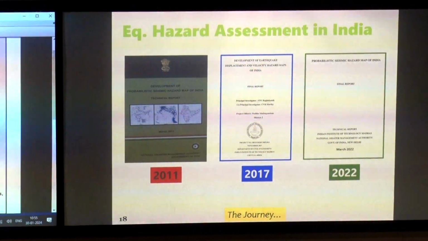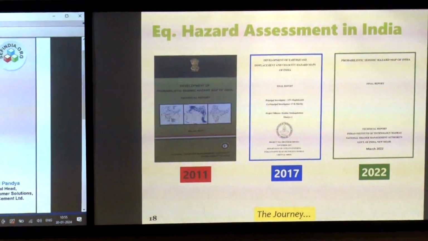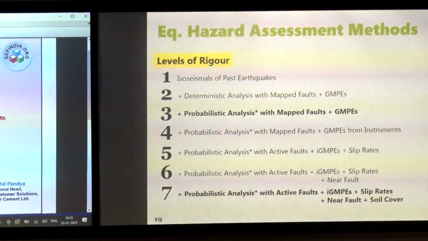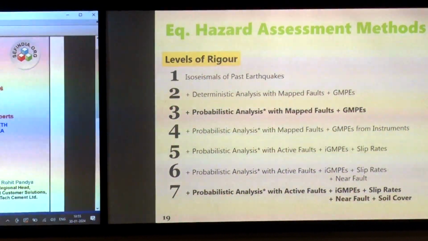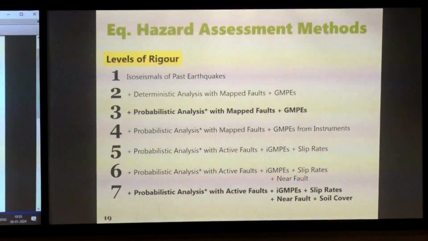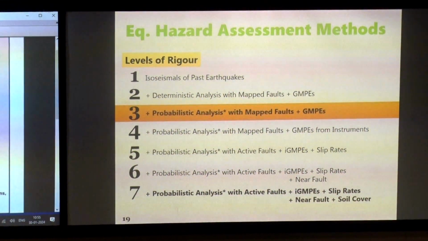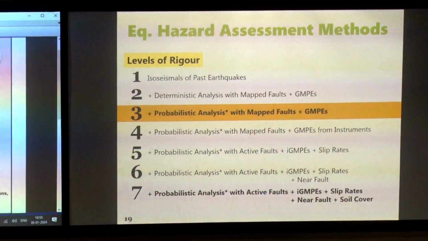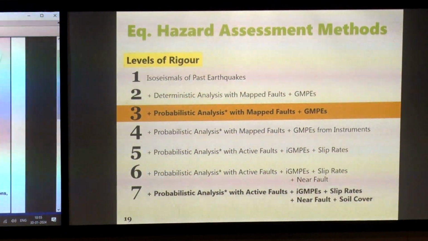And so, after all these years of very rigorous study, today we are at a level where we are talking about a new seismic hazard assessment of India, where a probabilistic seismic hazard analysis has been carried out.